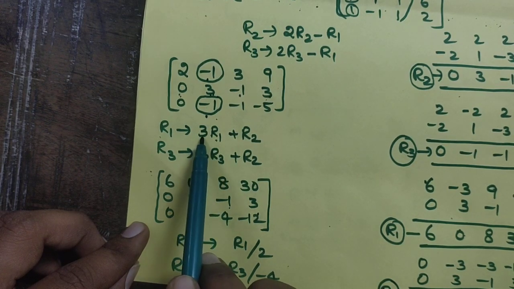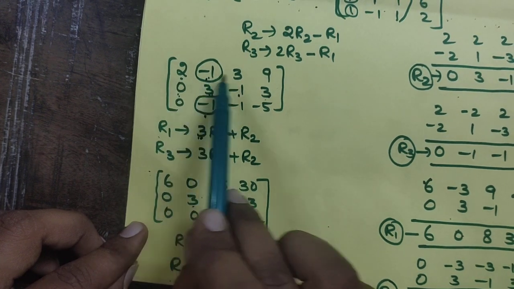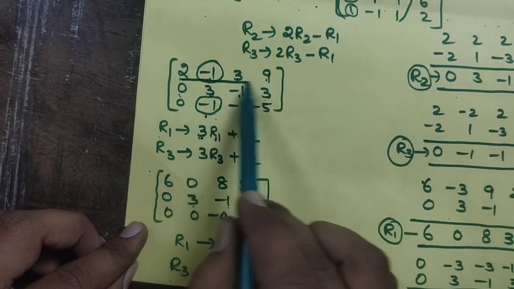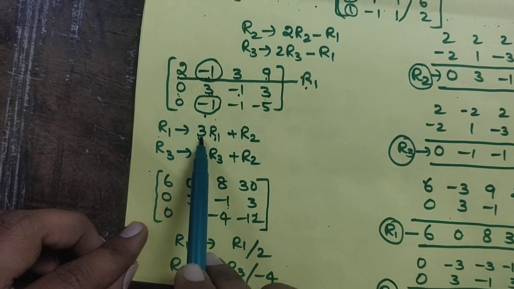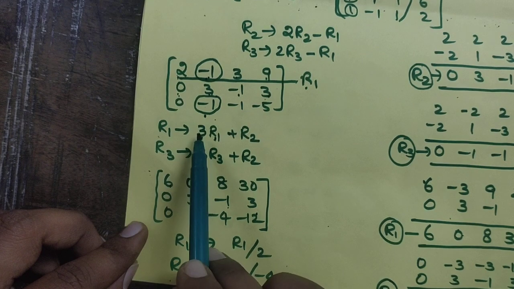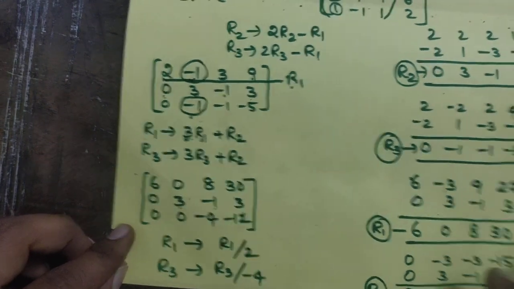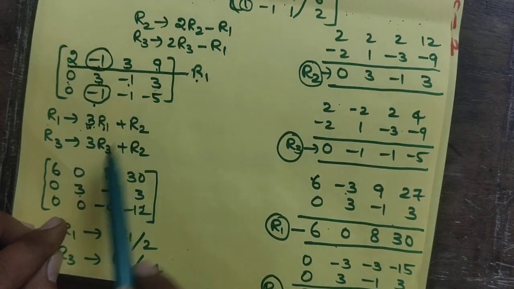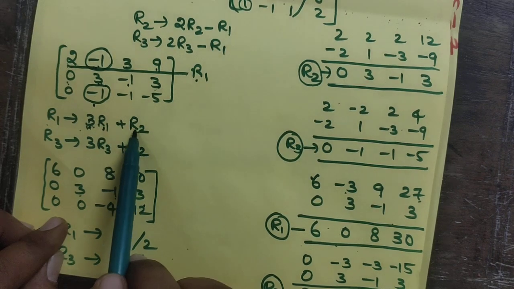So for that, what are we doing? 3 into R1. Each and every element of R1, this is R1. R1's elements are multiplying with 3. 3 twos are 6. 3 into minus 1 is minus 3. And next 3 threes are 9. Next 3 nines are 27. Next, R2 we are adding.